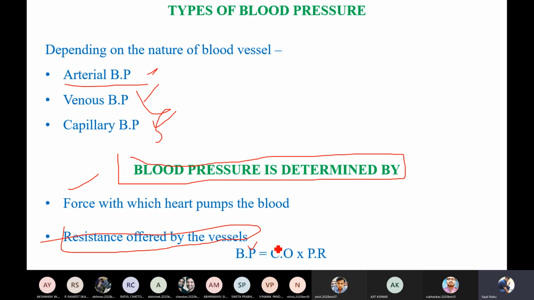Then BP is equal to CO into PR, where PR is the resistance offered and CO is the volume. In the next class, if possible, I will try to have a problem on this and explain in detail what the CO value and the PR value will be. But for now, just remember that the formula for blood pressure is CO into PR.